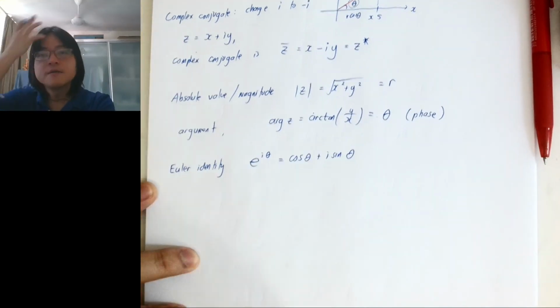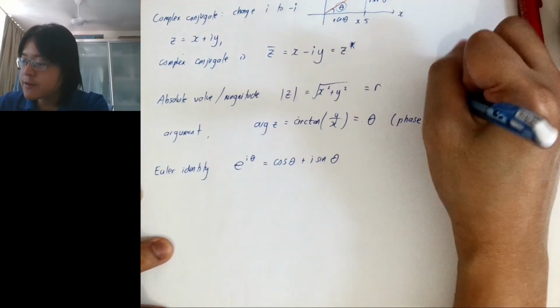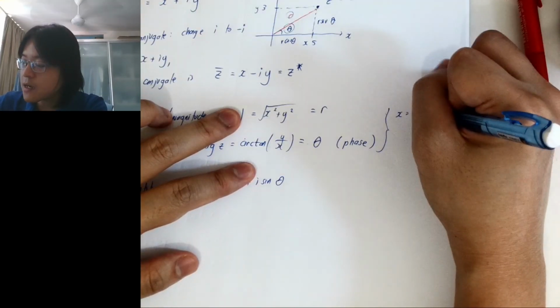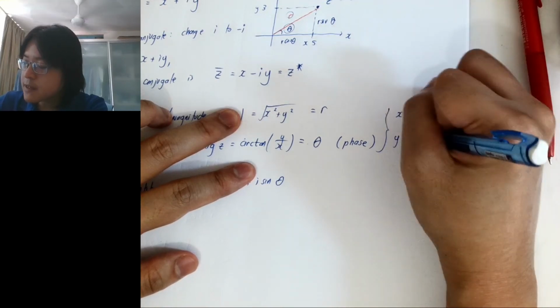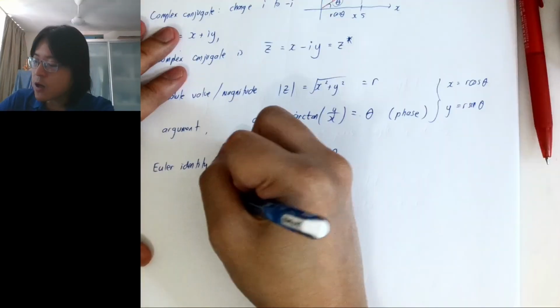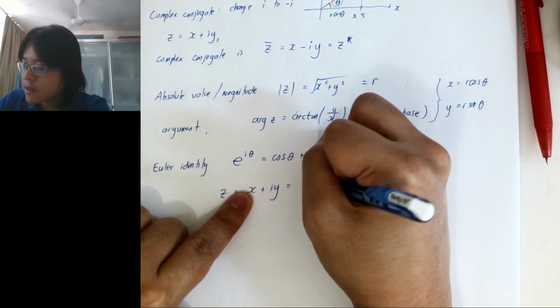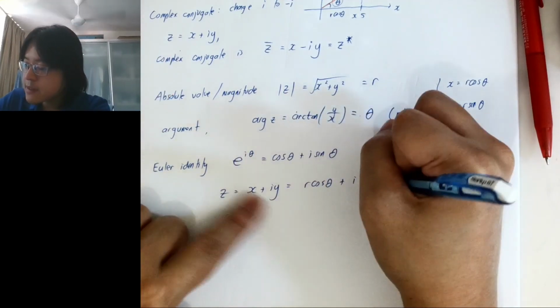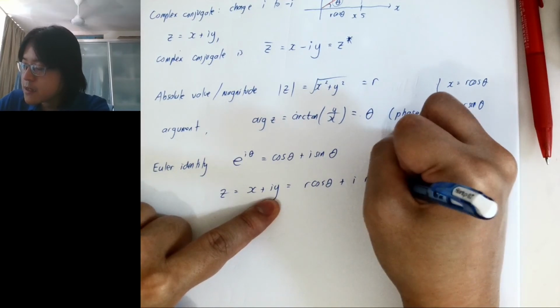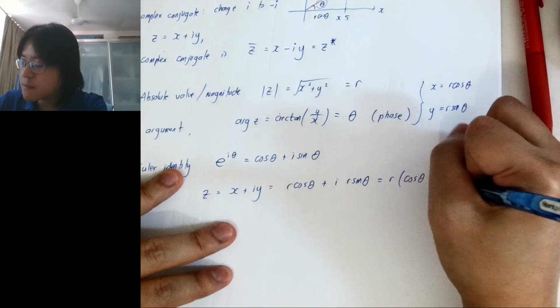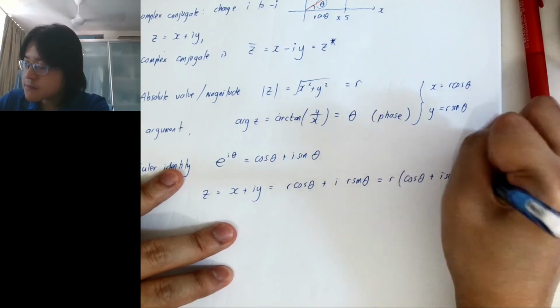Okay, so from here we can now relate the two, right? We notice that x is r cos theta, y is r sine theta. So if I take a complex number given by x plus iy, I can write it as r cos theta plus i r sine theta. I can factorize the r outside, and I get cos theta plus i sine theta.